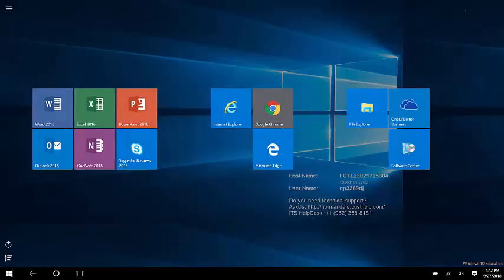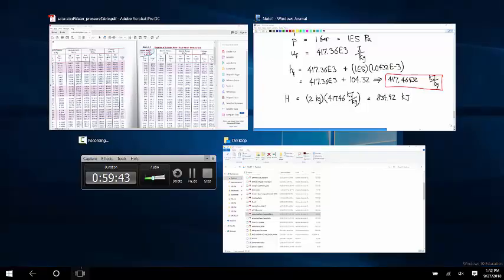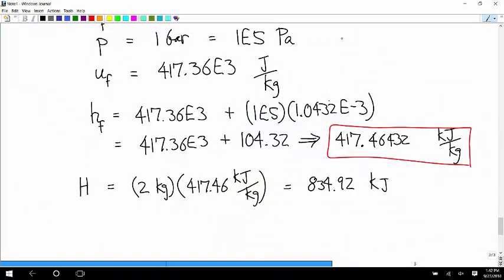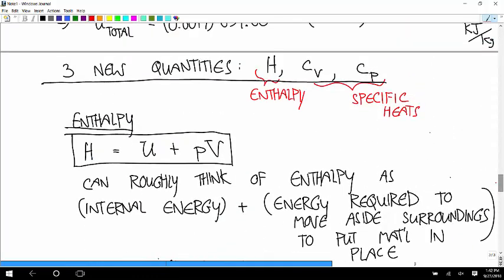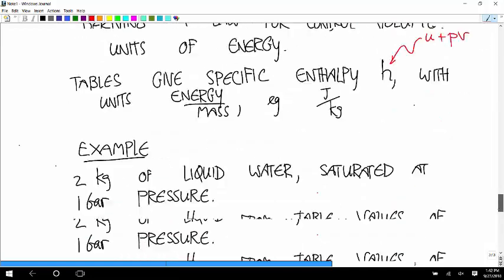All right. And then the other two new things that we have to define. So first we defined enthalpy. Now we're going to define these two specific heats.